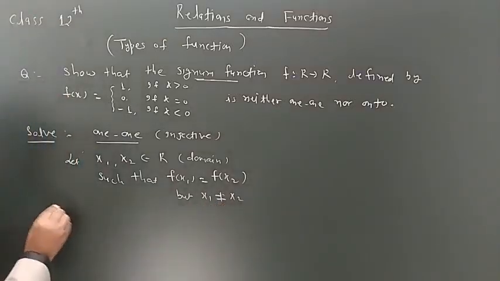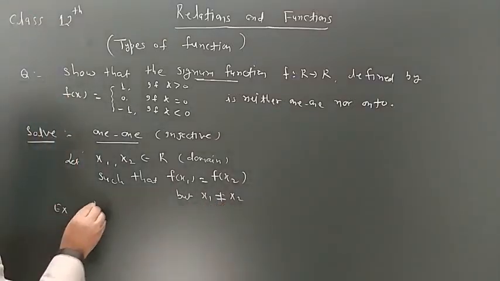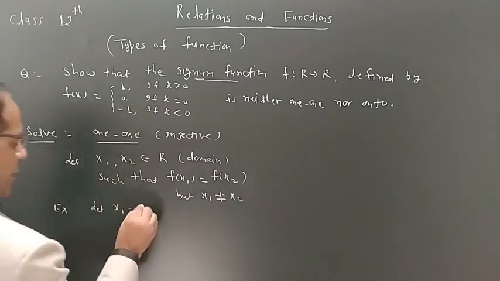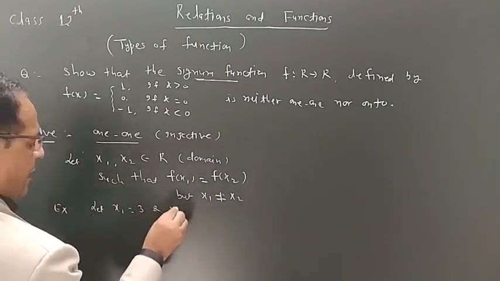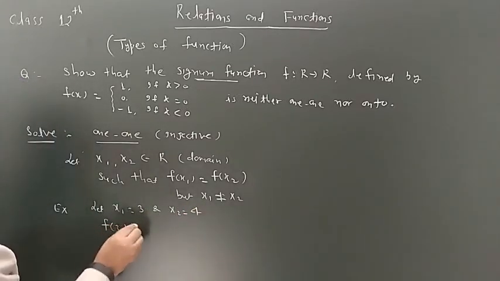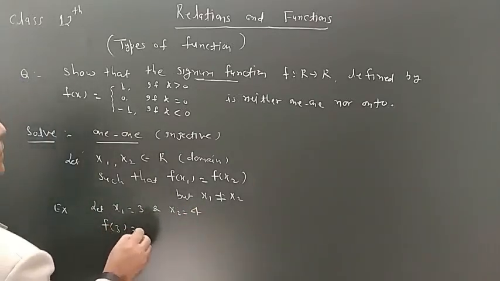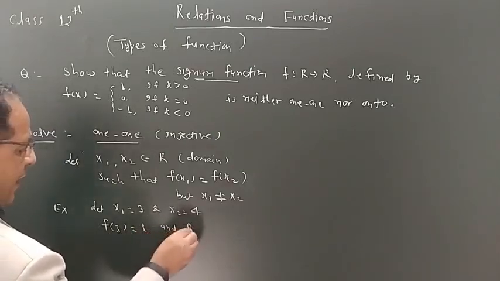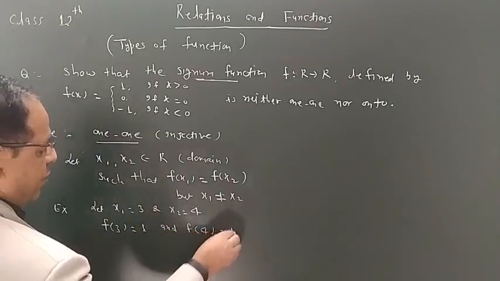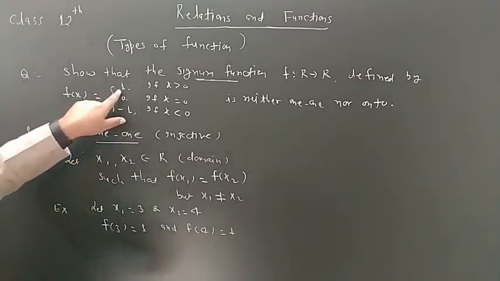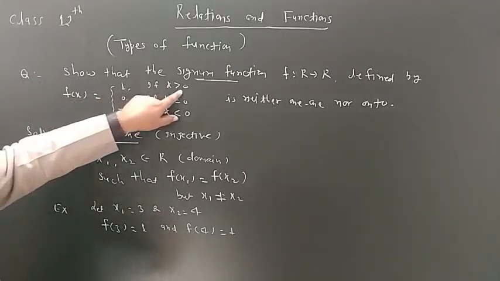For example, let x1 equal to 3 and x2 equal to 4. So f(3) equal to 1 and f(4) also equal to 1, according to the definition of the function: f(x) equal to 1 if x greater than 0.